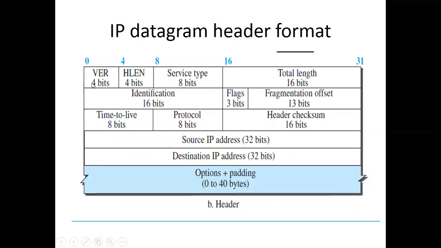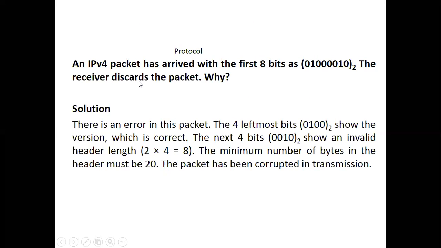What are the first 4 bits? The first 4 bits are the version field, and the second 4 bits are the header length field. Only these 8 bits have been given. In your data, the first 4 bits are 0100 and the next 4 bits are 0010. Using these, you need to recognize the identity of these fields.